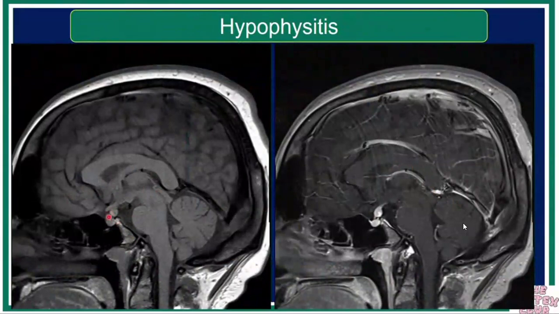So loss of the posterior sellar bright spot associated with enlargement of the gland itself, thickening of the pituitary stalk, and enhancement is usually what we see in pituitary hypophysitis or inflammation of the pituitary gland, whether related to autoimmune diseases or related to any kind of granulomatous disease.